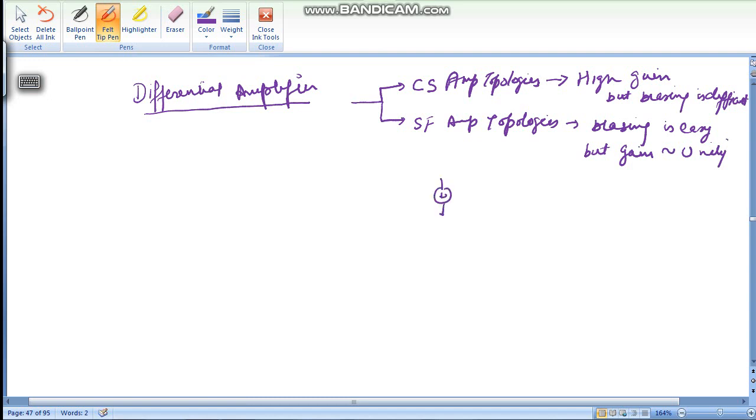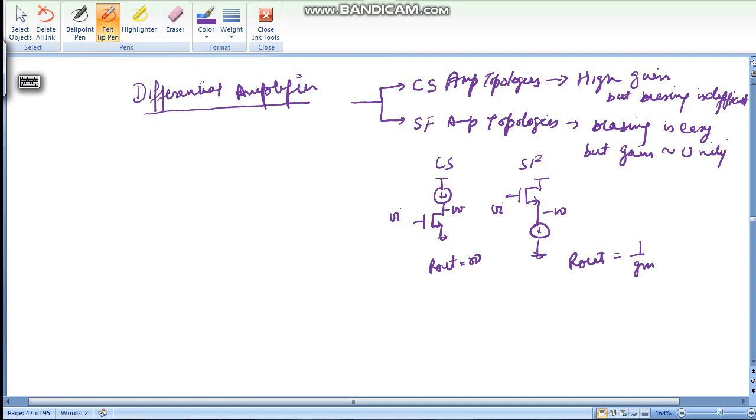So this is our common source, this is our source follower. Why gain is higher here? Gain is high because here output resistance R out is RO. Here R out equals to 1 by GM, where GM is the transconductance of circuit.